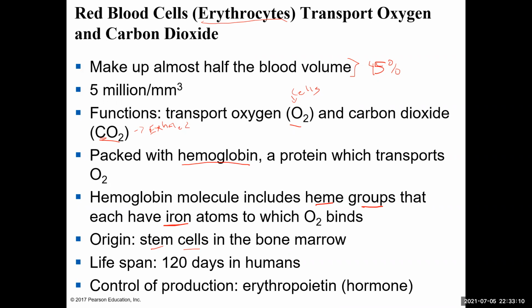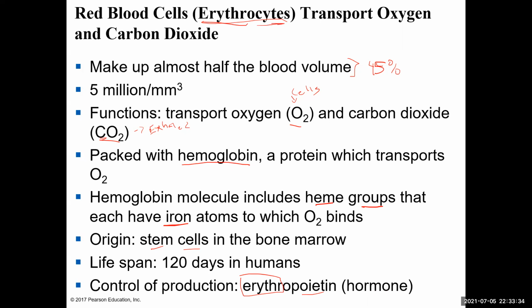And the production of red blood cells, how many red blood cells your body makes, is driven by a specific hormone known as erythropoietin. So if you see erythro, you're talking about your red blood cells, right?